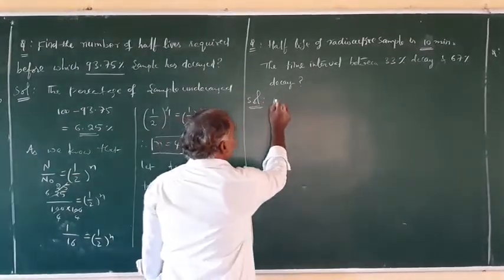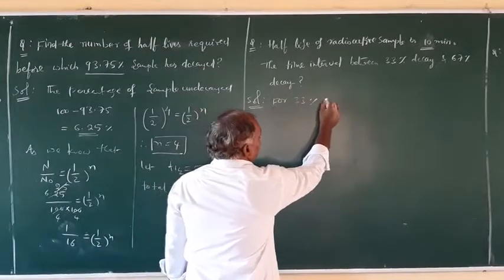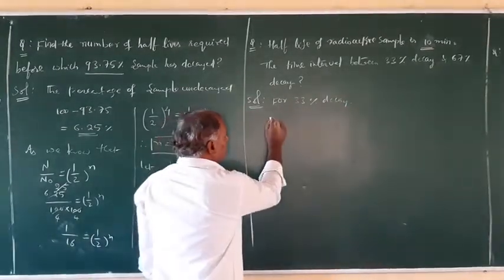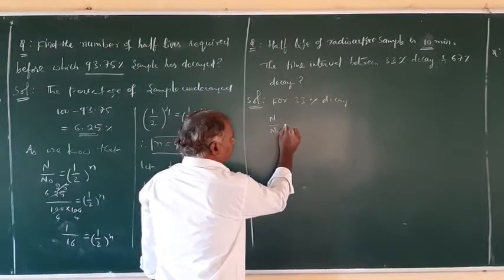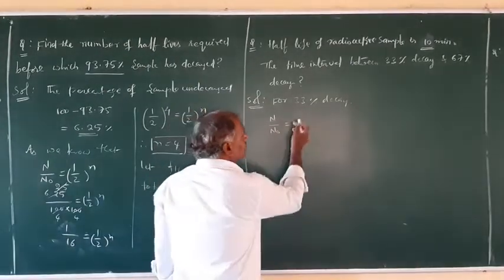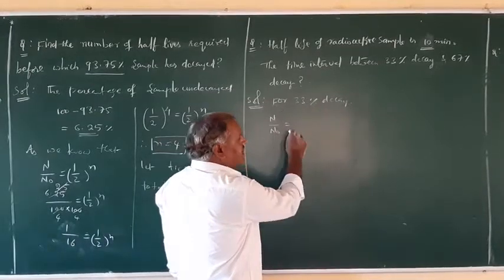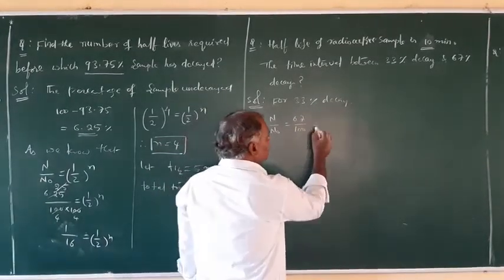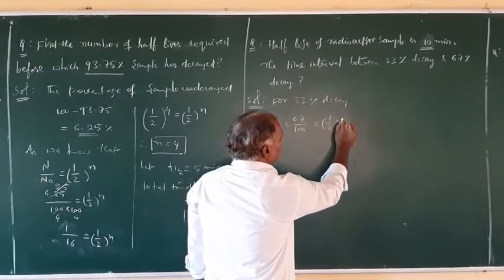Now I am writing for 33% decay. The fraction of undecayed is given by N by N naught is equal to, this much is decayed, so undecayed is 67 upon 100, which can be written as 1 by 2 power n.